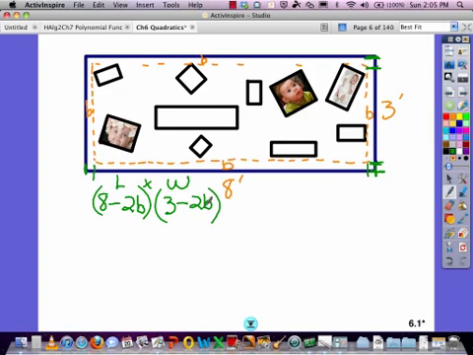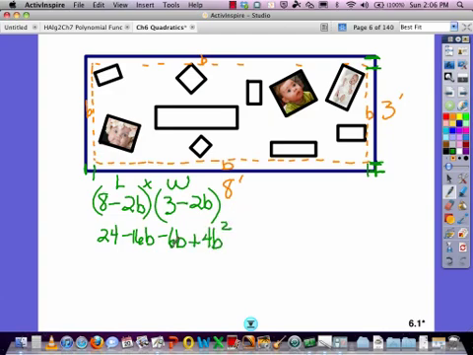Now, if you look at those carefully, they are binomials. They are not exactly alike, so we can't use that square binomial theorem that we had in the last one. We are going to have to do our foiling. So here we go. First times first. 8 times 3 is 24. Outsides, negative 16b. Insides, negative 6b. And last times last, positive 4b squared.